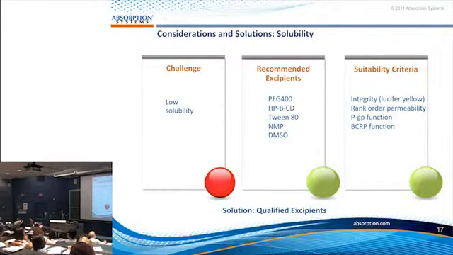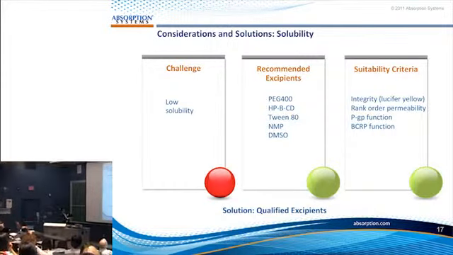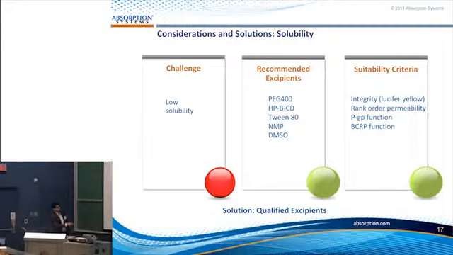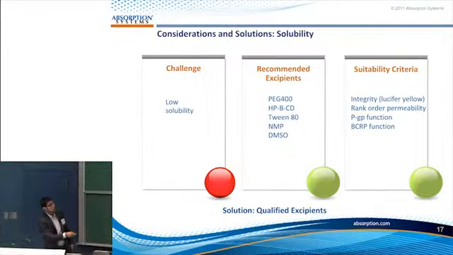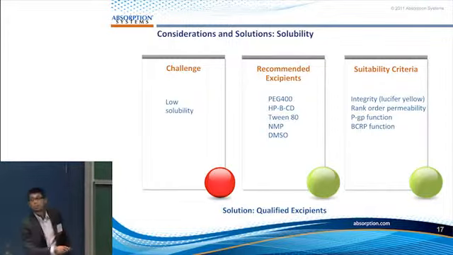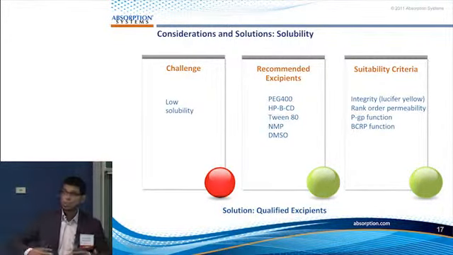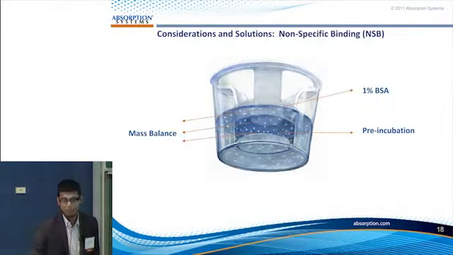So when confronted with low solubility, you might have to use certain excipients, and again it is critical that you evaluate these excipients in the sense that they do not impact cell line integrity, that they do not impact rank order of your control compounds, and that they also do not impact transporter expression. So once you build this list of qualified excipients, you now have a tool that can do much more than just biowaivers.